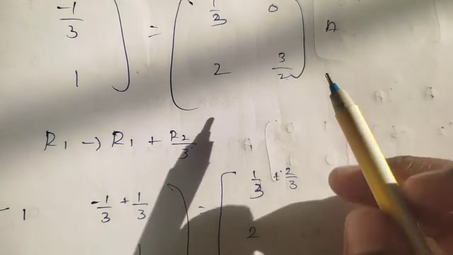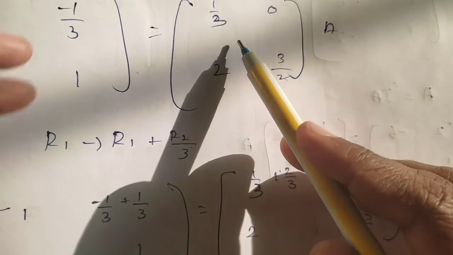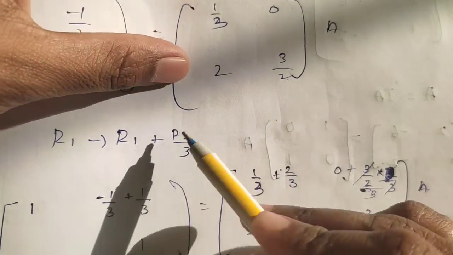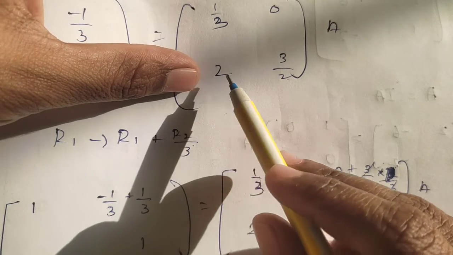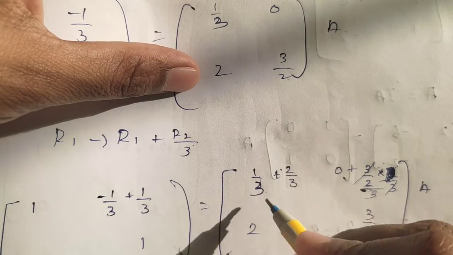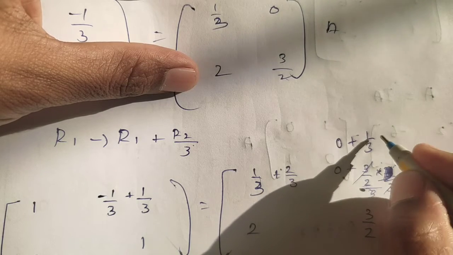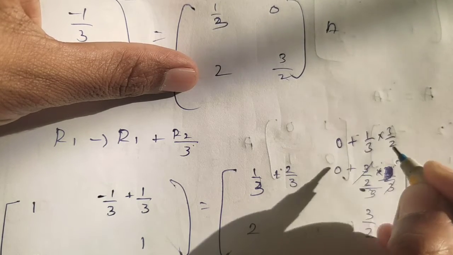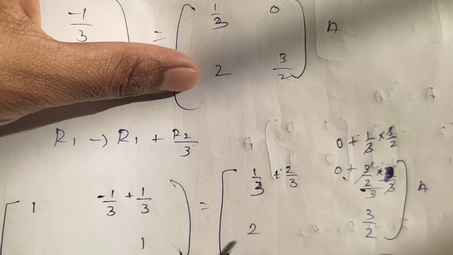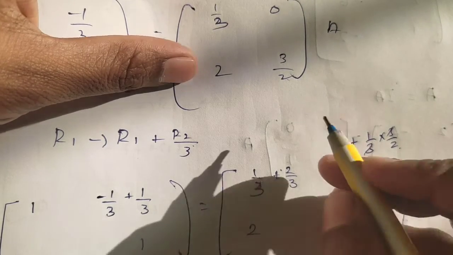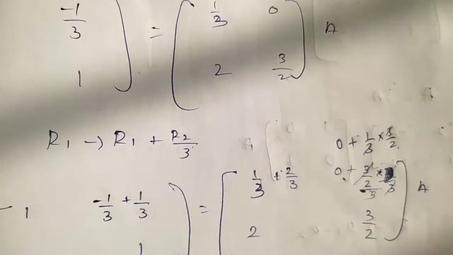RHS side we have 1 by 3 plus 1 by 3 into 2 by 3. And next 0 plus 1 by 3 into 3 by 2, 3, 3 will get cancelled, 1 by 2. So R2 is same as it is.